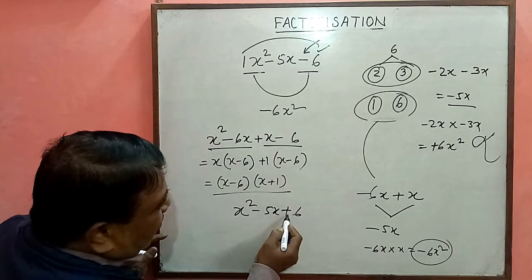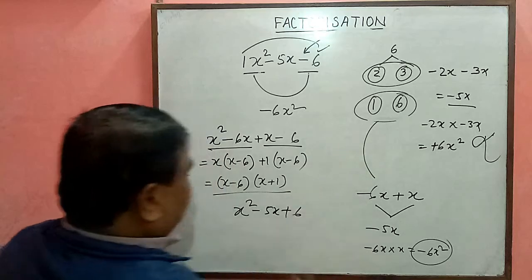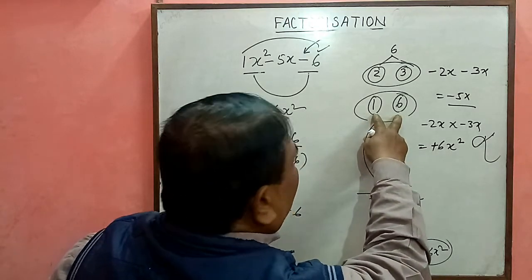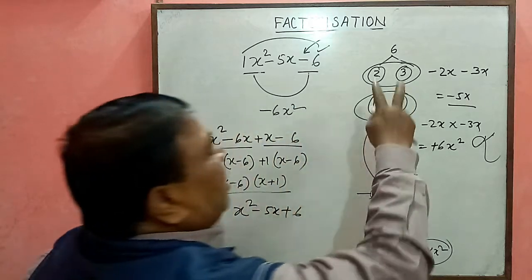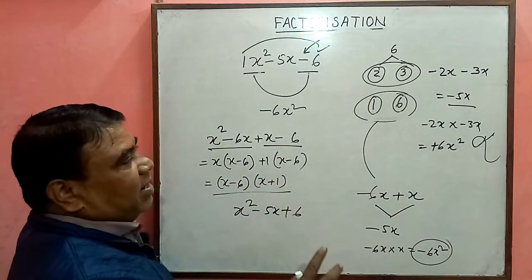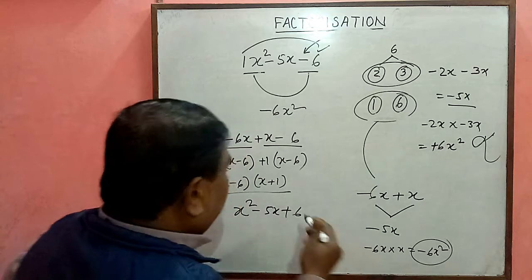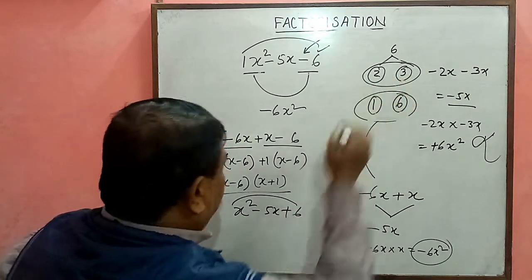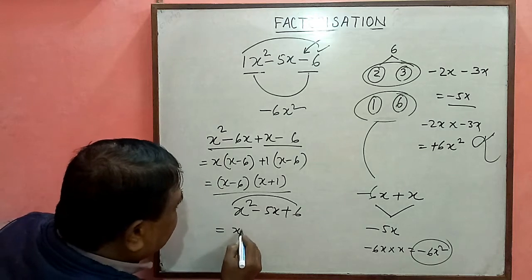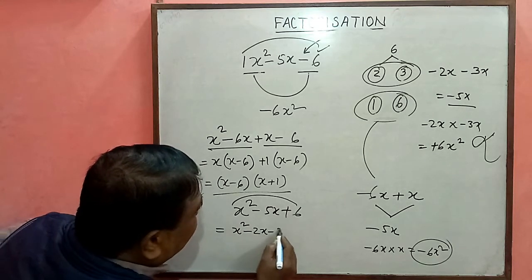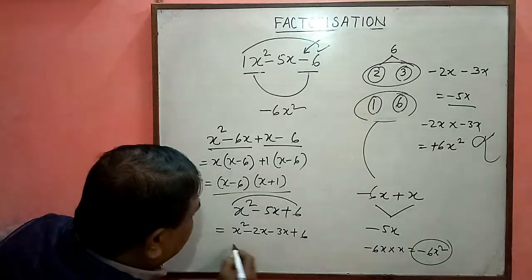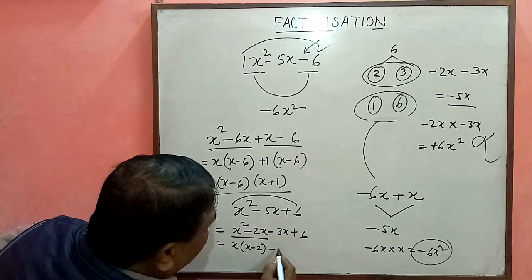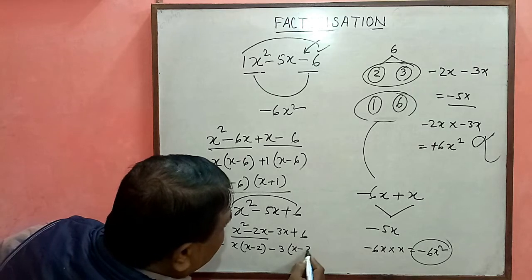Here we cannot go with 1 and 6, because 1 and 6, if we subtract, then only we'll get 5, and with the negative, ultimately their product will be negative. But here it is positive. So we have to go with 2 and 3. Like you see, x square minus 2x minus 3x plus 6. So this is x common, x minus 2, minus 3 common, x minus 2.